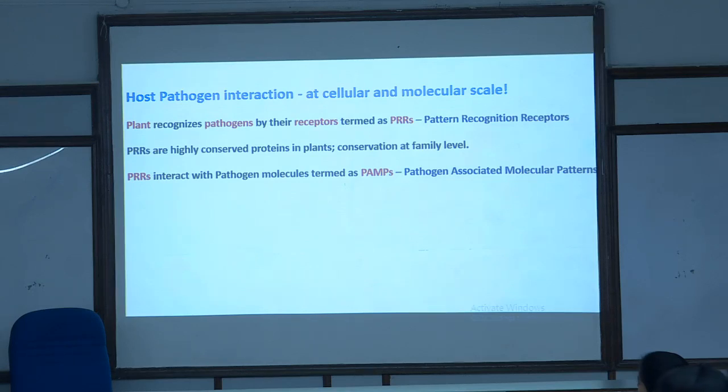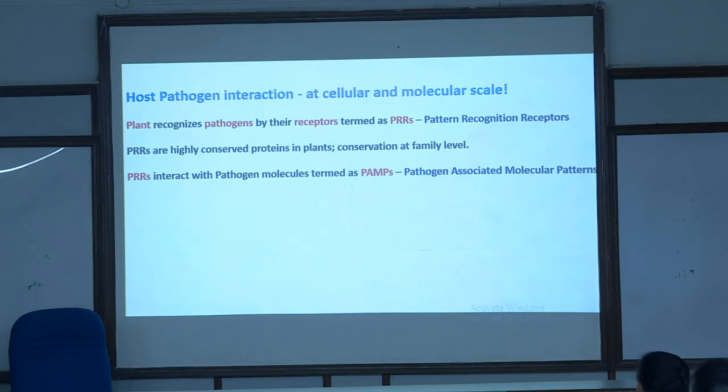So the understanding we have, based on the information available in the literature, accumulated over the last 20, 25 years, is that the plant recognizes the microorganisms by a kind of factor called receptors, and those receptors are popularly called PRRs. PRR is an acronym for pattern recognition receptors.